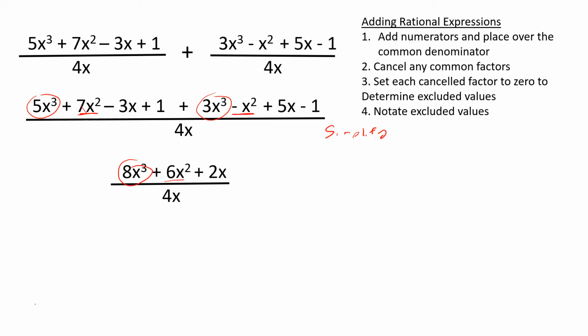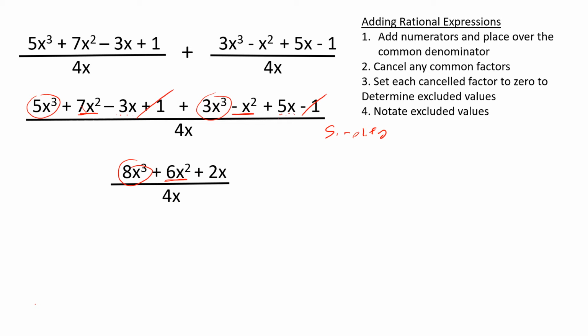So that gave us the 6x squared. And here we have x to the first and 5x. These are like terms. So a negative 3x and a positive 5x gives me a positive 2x. And then positive 1 and a negative 1, they become 0. So remember, you can only combine like terms.